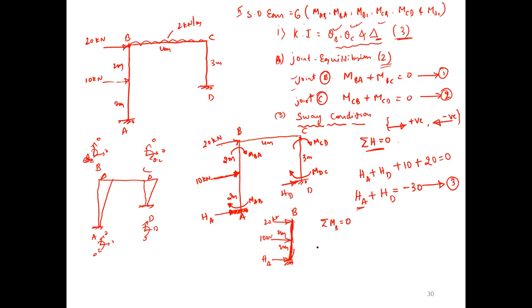When you take moment about B, how is HA rotating about B? Anti-clockwise. Minus HA multiplied by the perpendicular distance, which is 4. And this 10, how is it rotating? Minus 10 into 2 is equal to 0. And also you have to consider these moments. This is MAB, clockwise as we are assuming, and this is MBA.